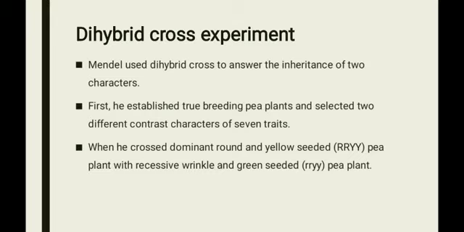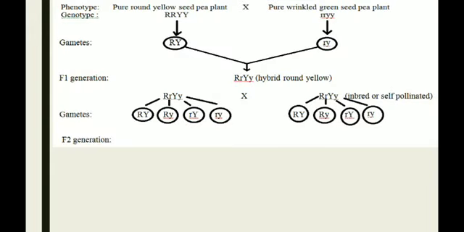See, this is the schematic representation of a dihybrid cross. The phenotype of the parents: round yellow seeded pea plant crossed with wrinkled green seeded pea plant. The genotype is RRYY crossed with rryy.